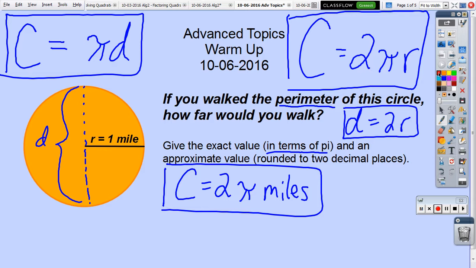Now, if I wanted a rounded value, then I would use the pi key on my calculator, which is going to be a little more accurate than 3.14, going out to however many decimal places it's programmed to go out to. So if on my calculator I go 2 times pi, and I round it to 2 decimal places, what would I get?